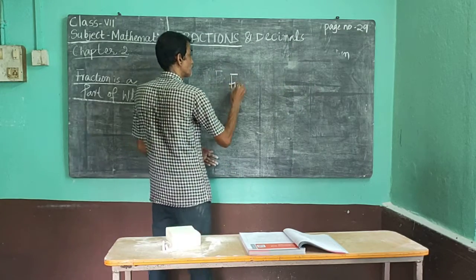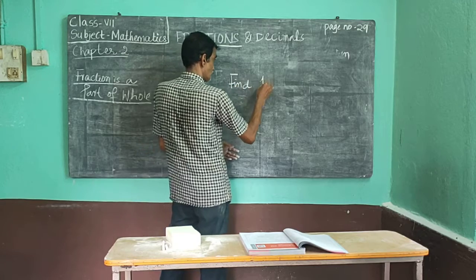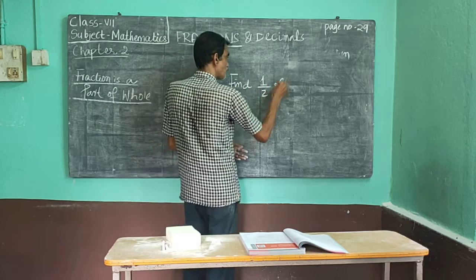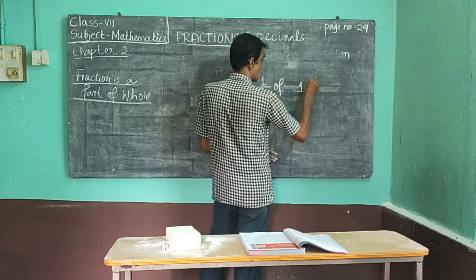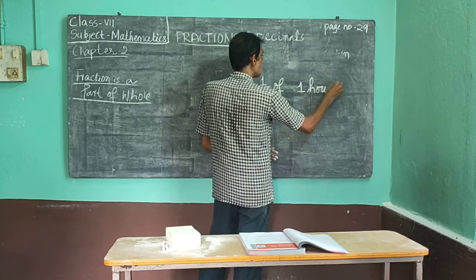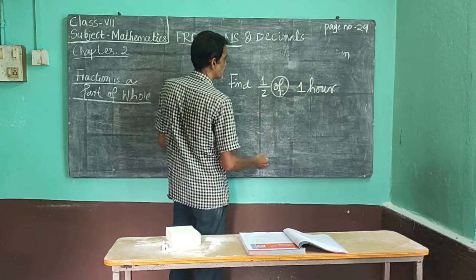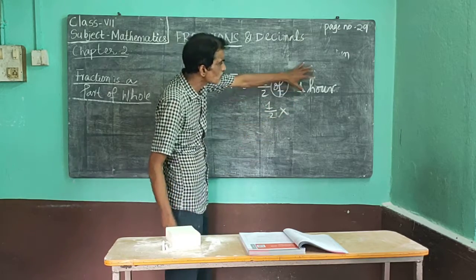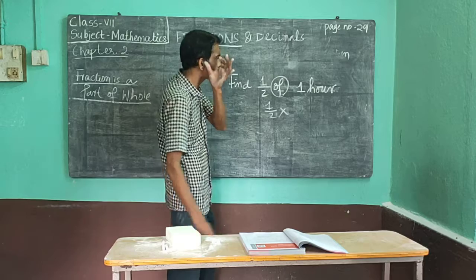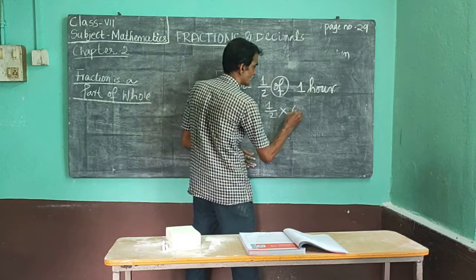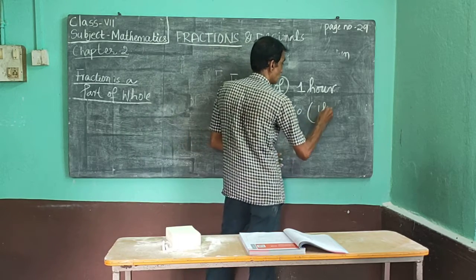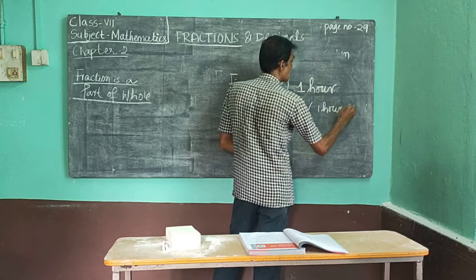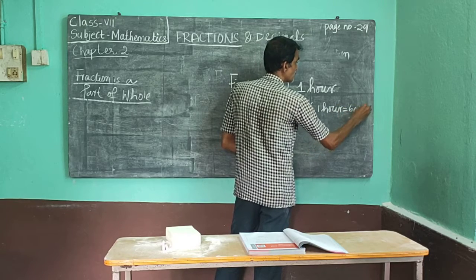So another example of this math. Find 1 by 2 of 1 hour. So this one we know how to find out. This I converted to multiply. So this 1 hour, if possible, convert into minutes. That means 60 minutes. 1 hour is equal to 60 minutes.